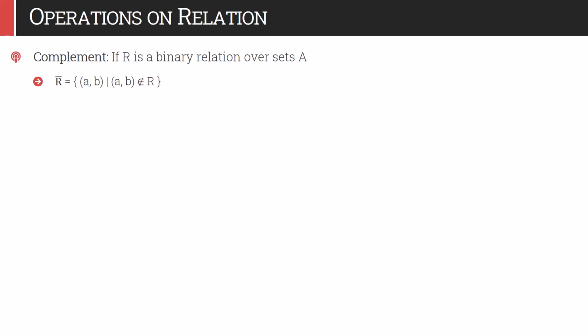Let relation R be a binary relation over set A. The complement of relation R is defined by the set of all tuples (a, b) such that (a, b) is not in R. So consider set A equal to {1, 2, 3}. The binary relation over A would be defined by the Cartesian product of A with itself. So that would be (1,1), (1,2), (1,3), (2,1), (2,2), (2,3), (3,1), (3,2), (3,3).